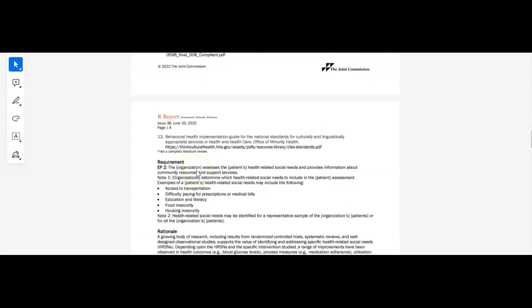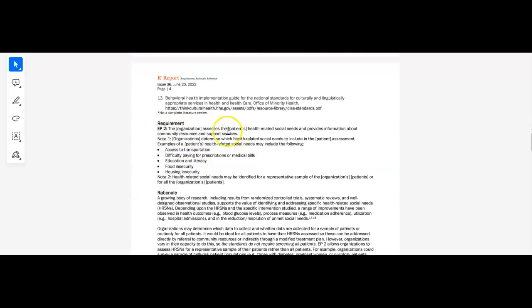So EP1, that the organization designates a person to lead activities to reduce healthcare disparities for their patients. Now, do you know who that is at your organization? And then EP2, that the organization assesses health-related social needs to provide information about community resources and support services. So again, the organization determines which health-related social needs are going to be assessed.